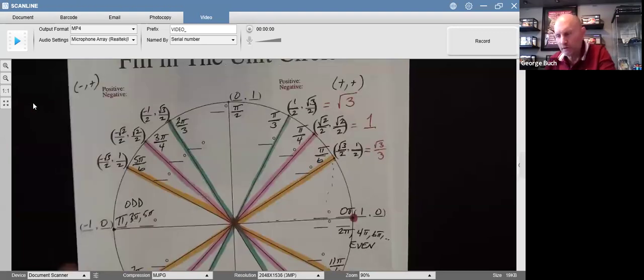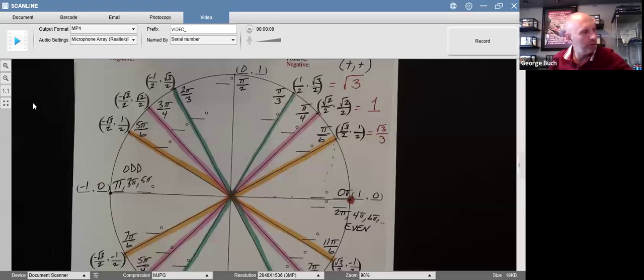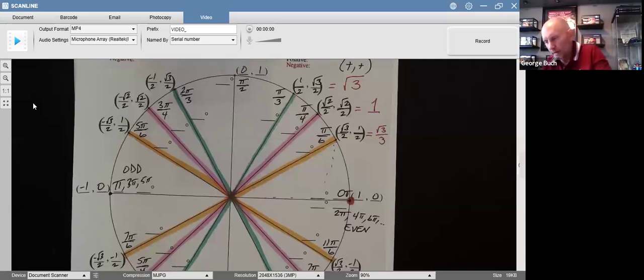So I go back to my trusty unit circle. I'm only going to look at the right half.